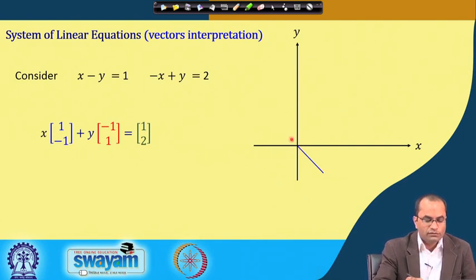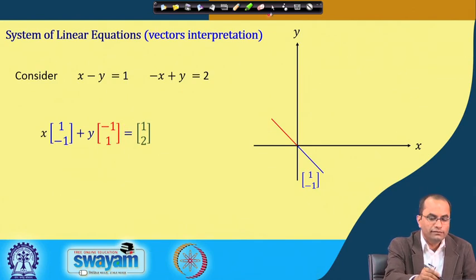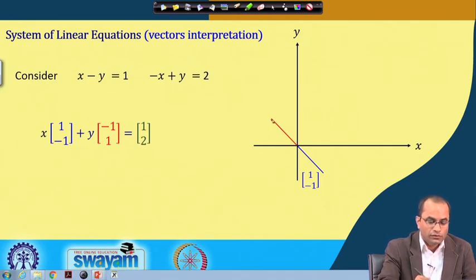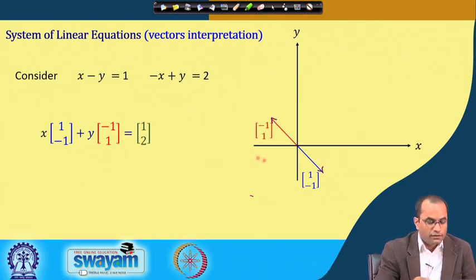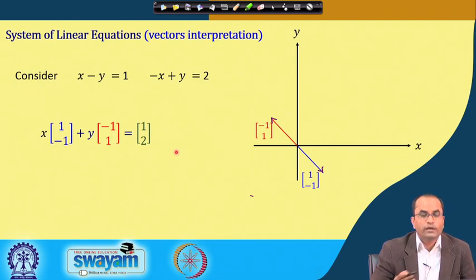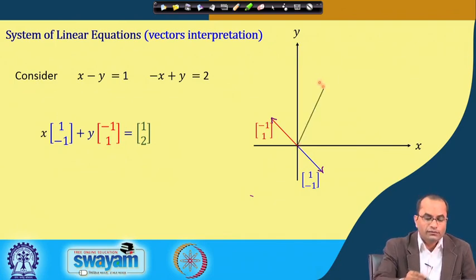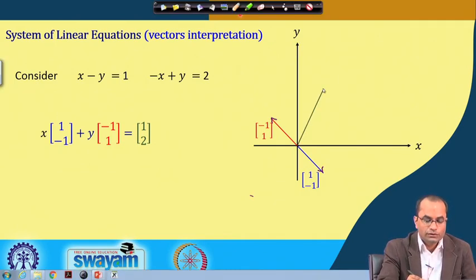So, this is the vector (1, minus 1), and then the other vector here we have is (minus 1, 1). So, these two vectors, and the third vector is (1, 2). This is the third vector.